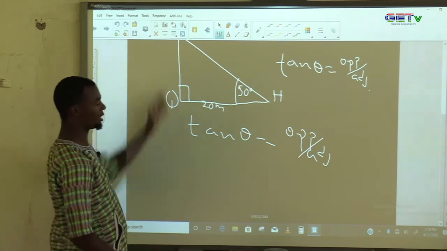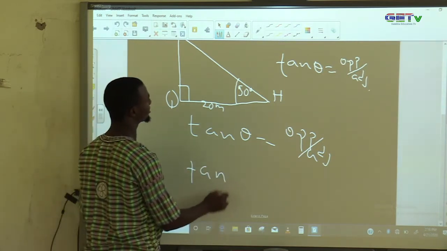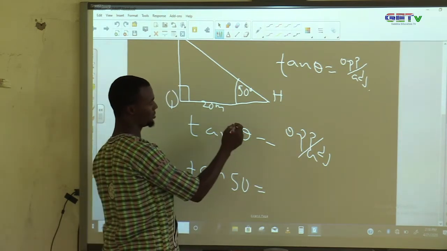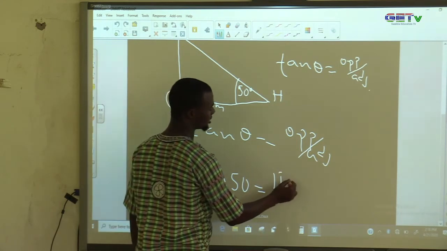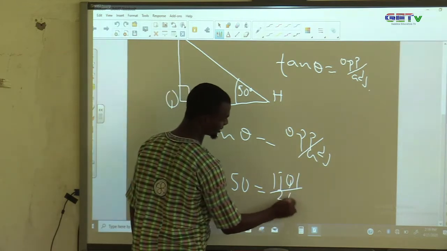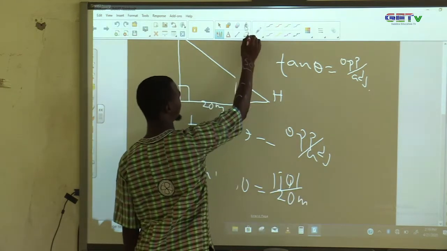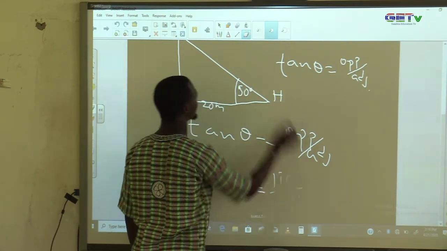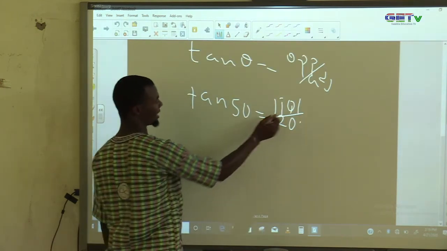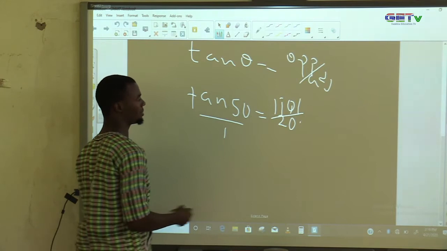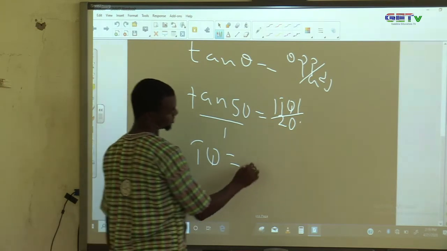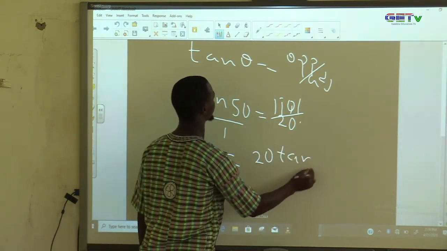The opposite is TQ, so tan 50 equals TQ all over the adjacent, that is 20 meters. So we get 20 over 1. If you cross multiply, you will have the side TQ equals 20 tan 50.